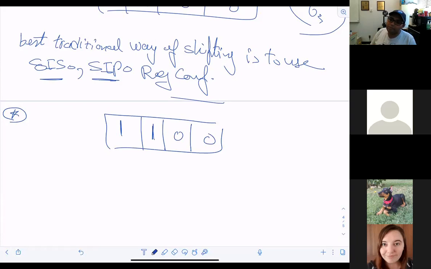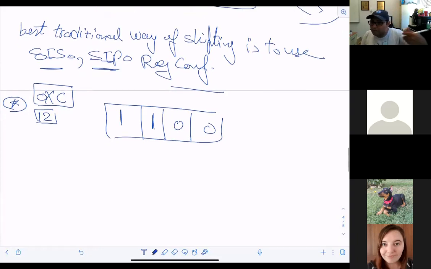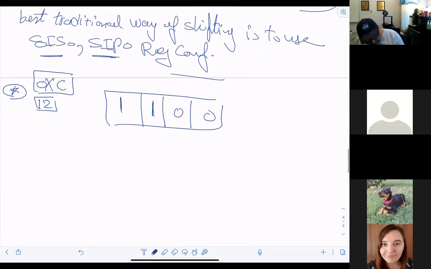Somebody can tell me. 12. C, right? So in hexa, this is C, which is 12 in decimal, right? Everybody agree with me? So if I shift logically right 1 now, what will happen? Shift logically right 1. So basically I'm gonna have what?